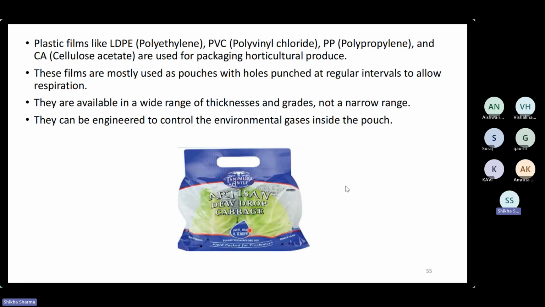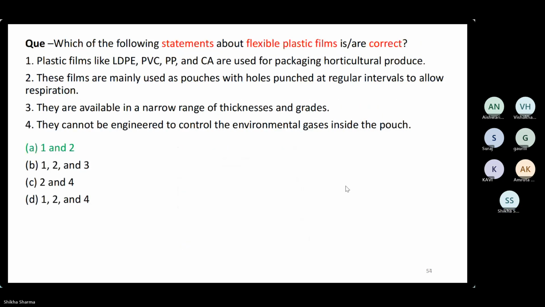Let's see the solution. This A is correct. So what happens?